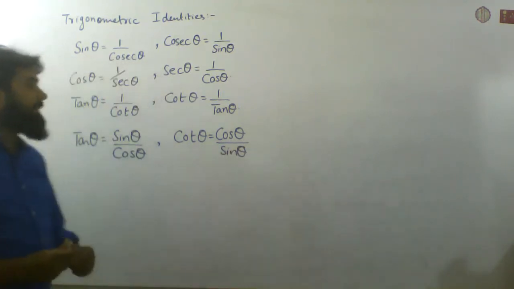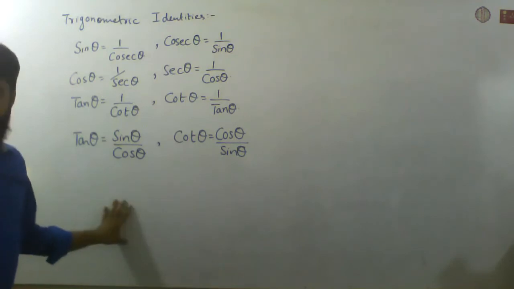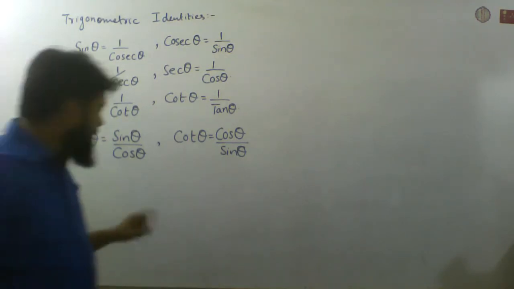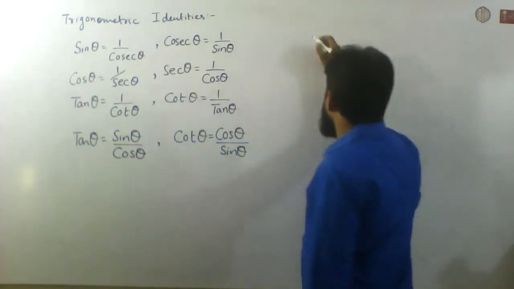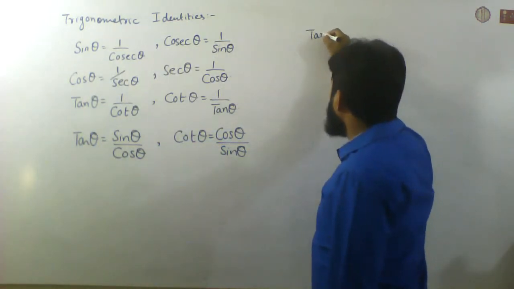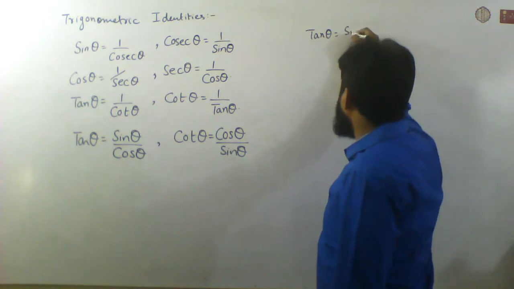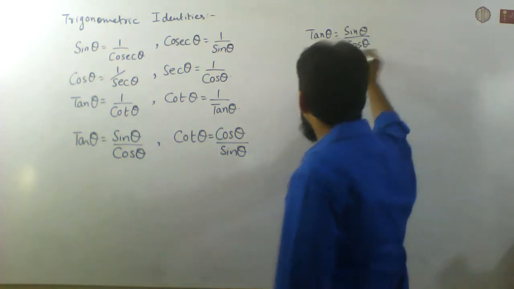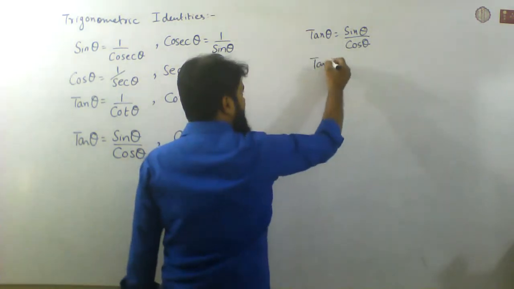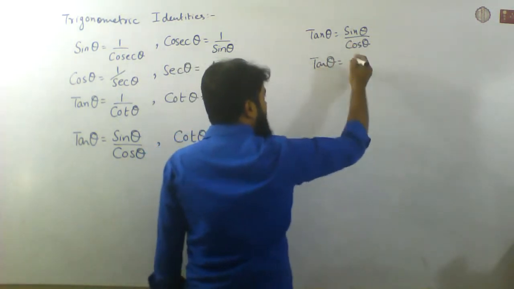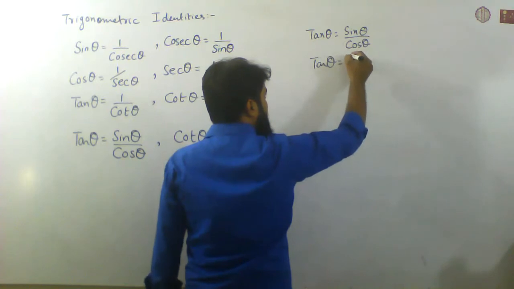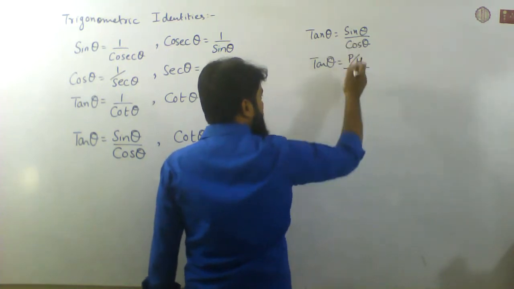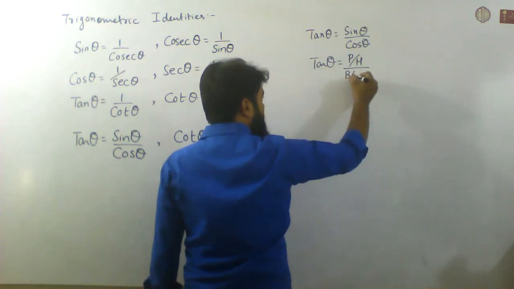How can I say that these things are equal to this one? Let me explain this one. Tangent theta equals sine theta over cos theta. Sin theta is perpendicular upon hypotenuse, and cos theta is base upon hypotenuse.